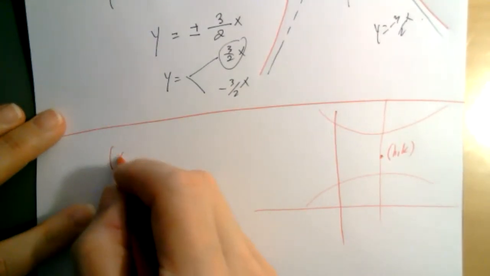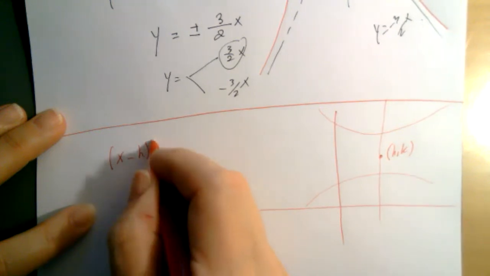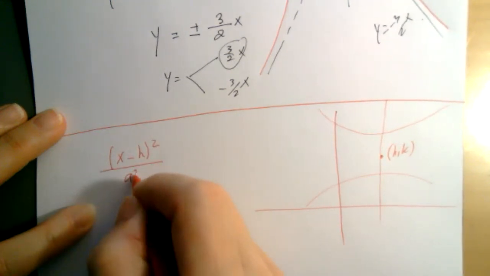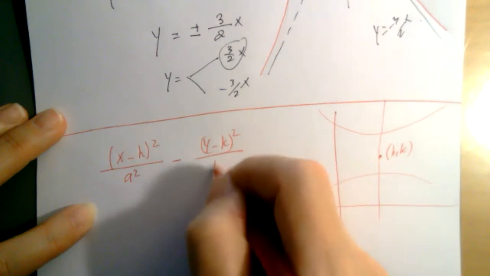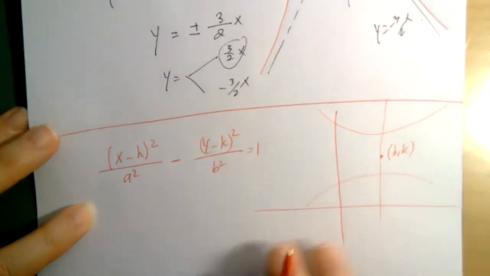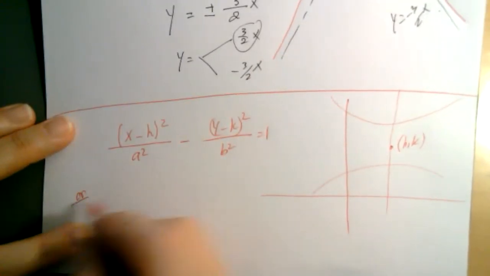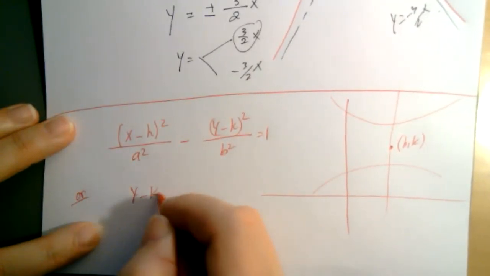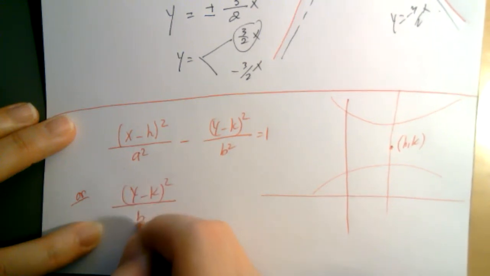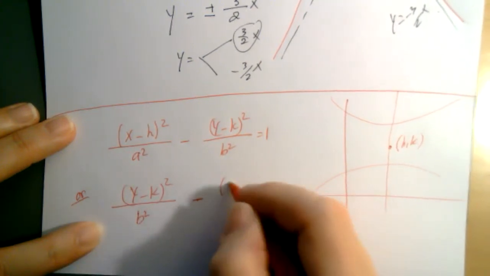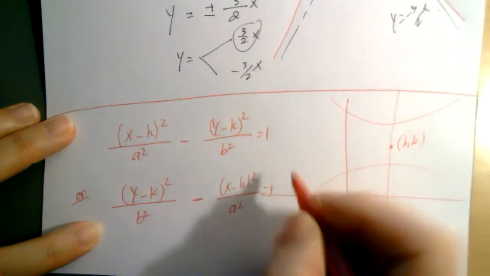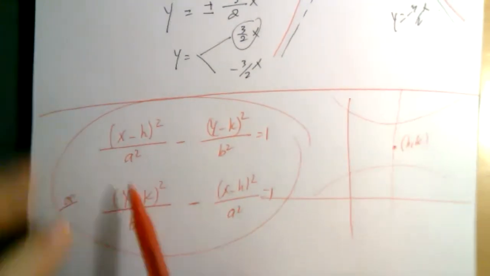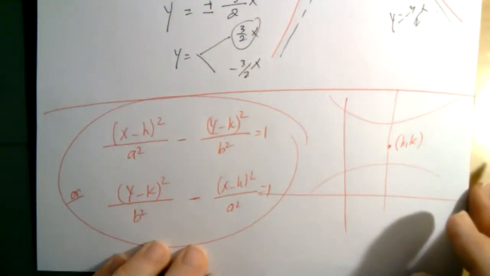And the equation would become x minus h squared over a squared minus y minus k squared over b squared equal to 1, or of course y minus k squared over b squared minus x minus h squared over a squared equal to 1. So it's exactly the same, but instead of x, we have x minus h.